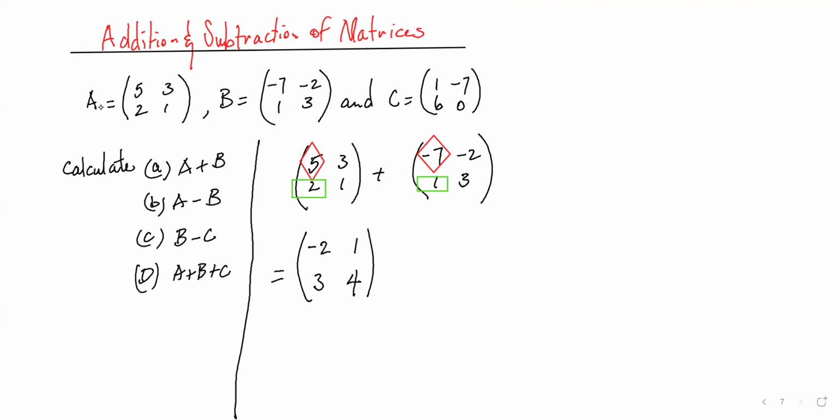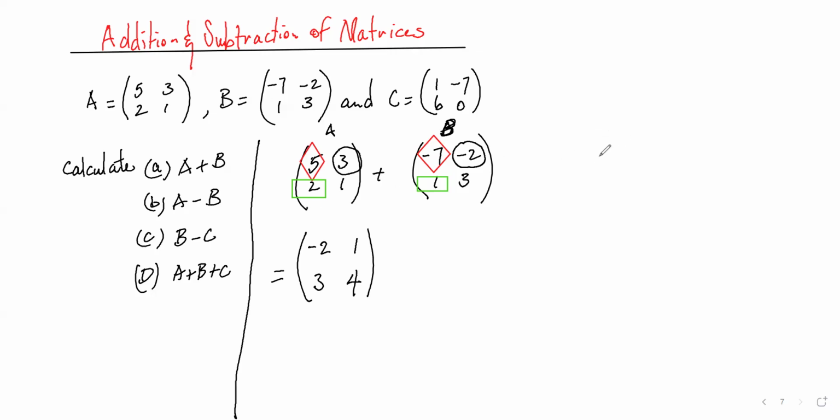All right. So we said everything is in order. That order is with respect to each matrix. So this was matrix A. It's 2 by 2. Matrix A and B are both 2 by 2. So it's 5 and -7, 3 and -2, the 1 and 3.